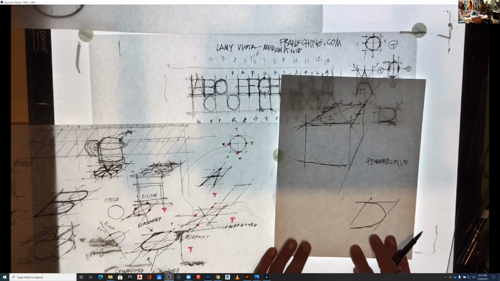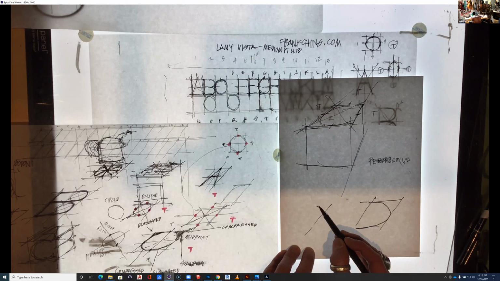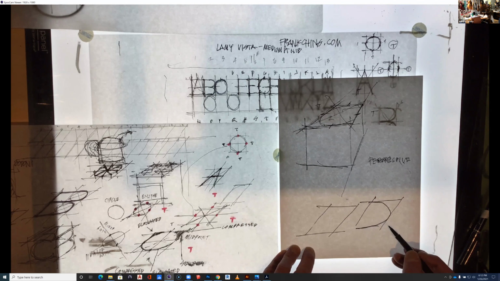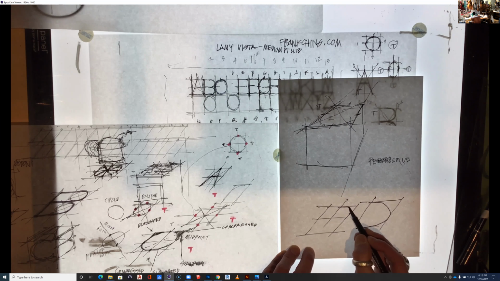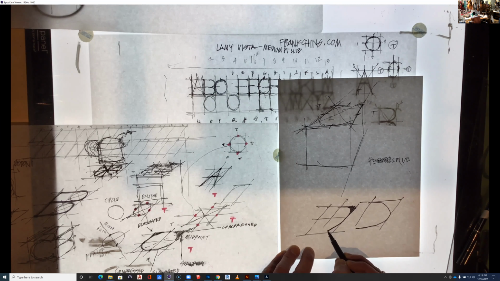What you want is that curve gets compressed over here. That gets compressed. Then when you get down here, it gets elongated, long.